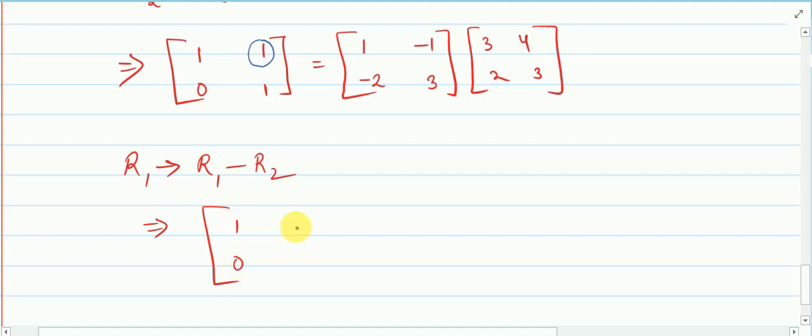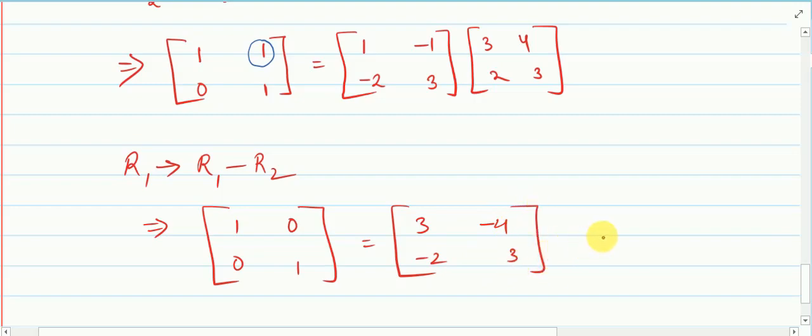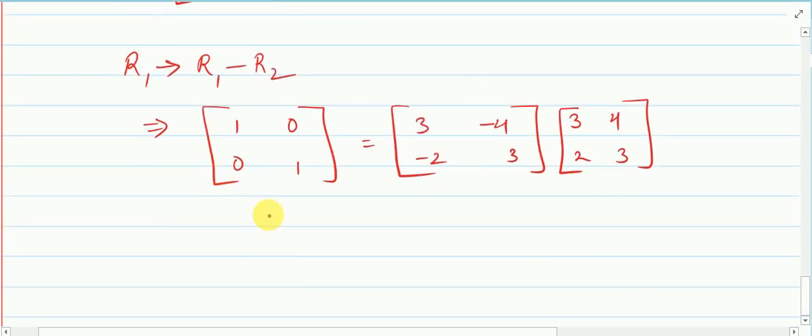1 0 0 1, and here 1 minus minus 2 will be 3. Minus 1 minus 3, it will be minus 4. So you got identity this side.